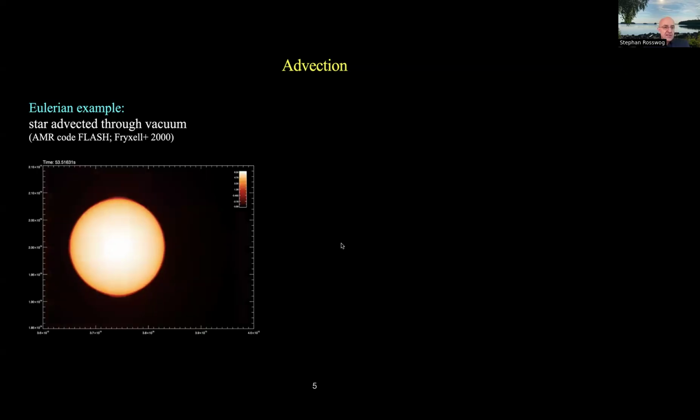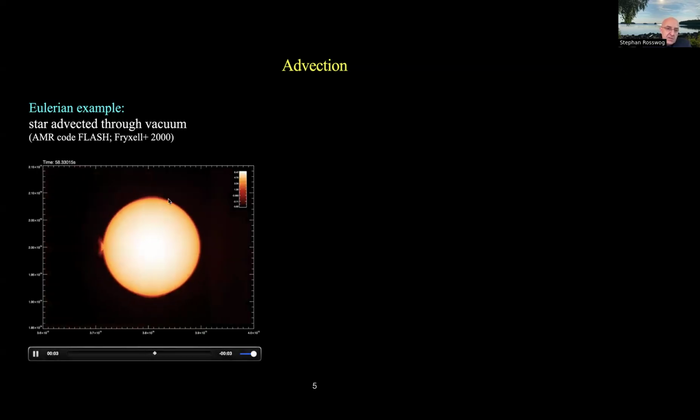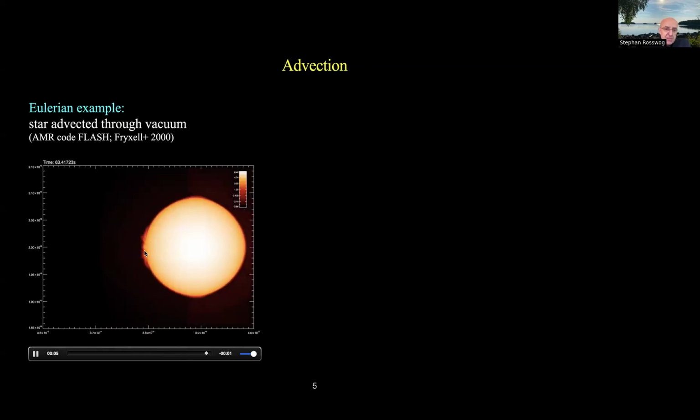So if you look at this, you see the star deforms a little bit, and here you see these plumes appearing. And of course, these are spurious plumes. So this is something that is physically not there. And of course, you can always argue, well, this goes away with resolution, and this is fine. But in practice, you often don't have as much resolution as you would like, and therefore it would be nice if you could avoid such problems in the first place.